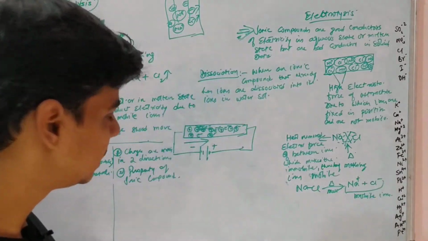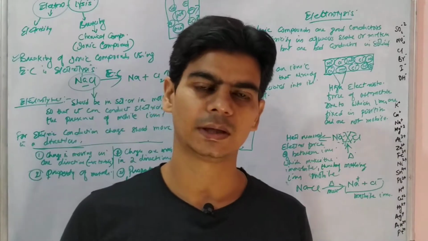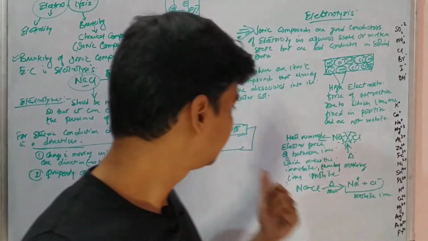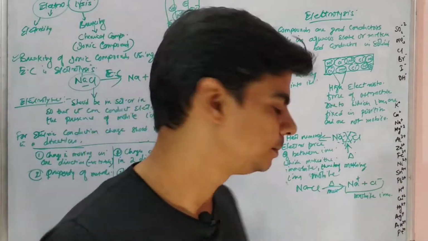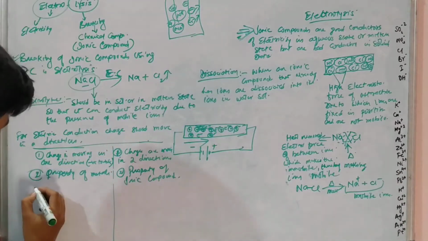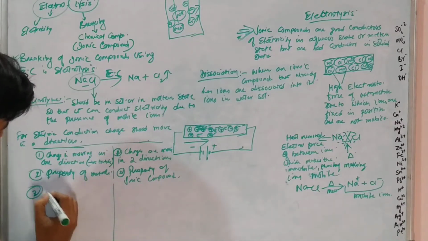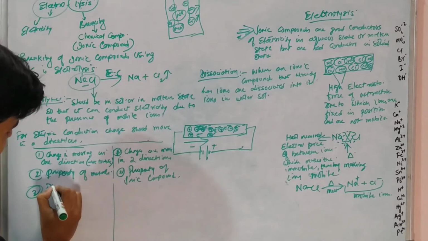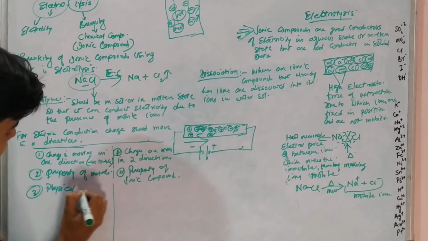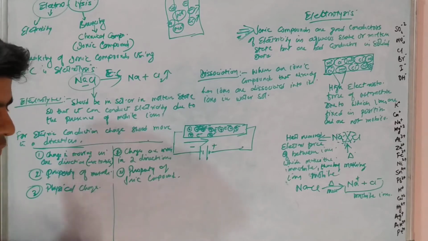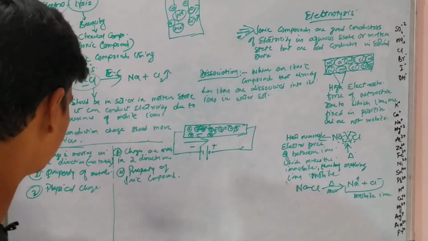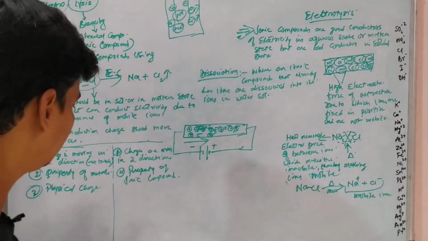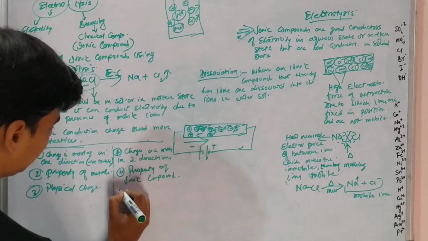Similarly, in case of metals, when you apply electric current, since there's no change in form, this is a physical change, no change in form. So we say this electrical conduction in metals is a physical change. That is, there is no change in state. It remains same even after applying electric current.